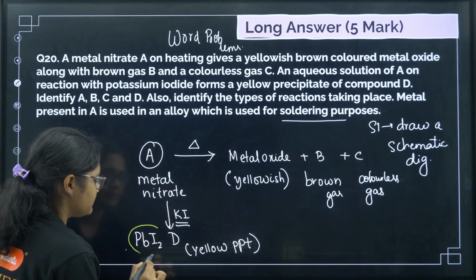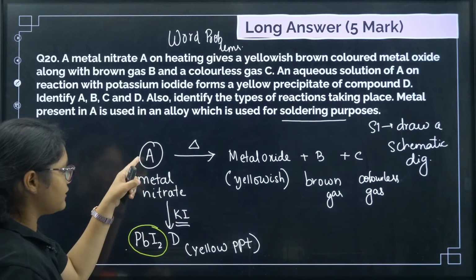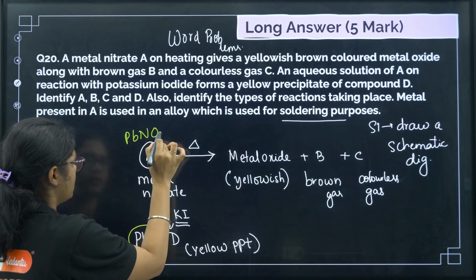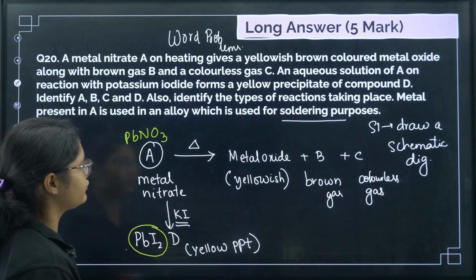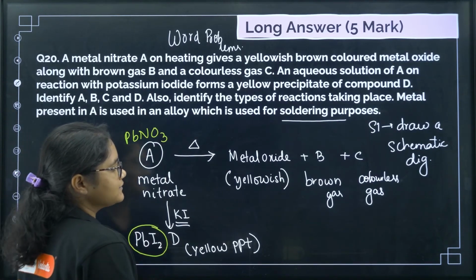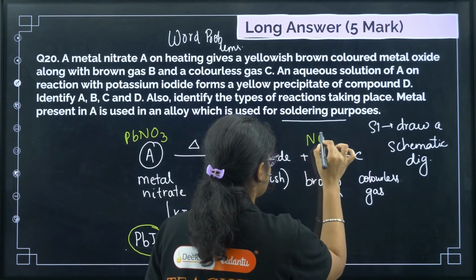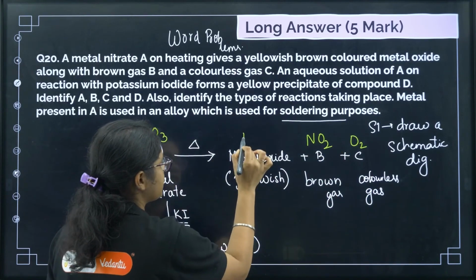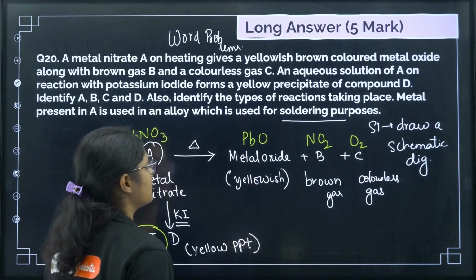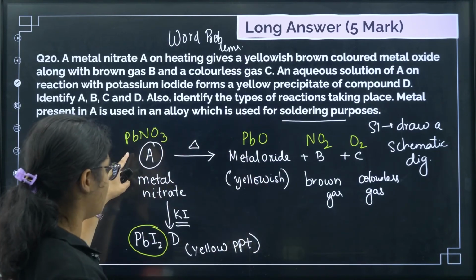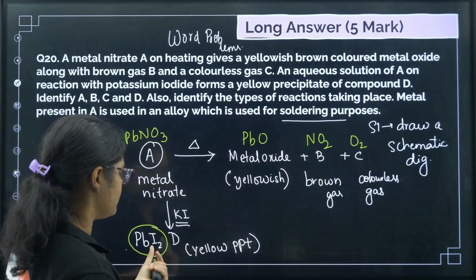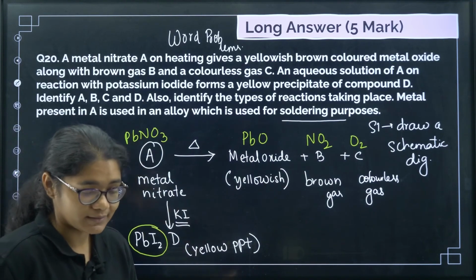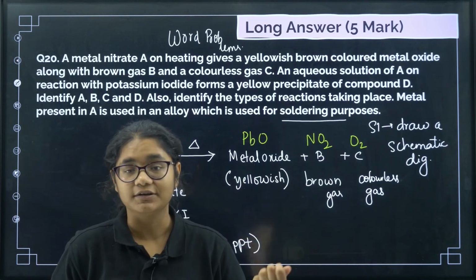So if this is PbI2, then definitely A is Pb(NO3)2. Now the brown gas, we know, is NO2, the colorless gas will be O2, and the metal oxide is lead oxide, right? So we have easily found A, B, C and D. Now you might be thinking, ma'am, how quickly you are doing this. You can do this easily if you know all such reactions.